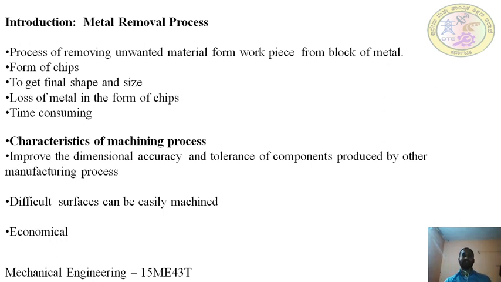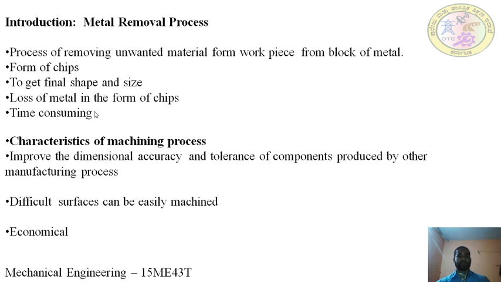After manufacturing the component by this process, some extra material is added for the machining process. That component will be machined in various machine tools, that may be a lathe machine, planer, or milling machine, etc. The metal will be removed in the form of chips in order to get the required shape and size.